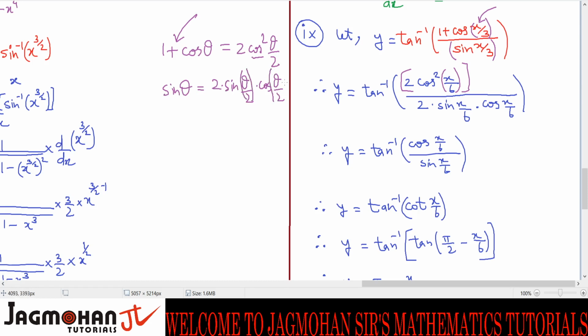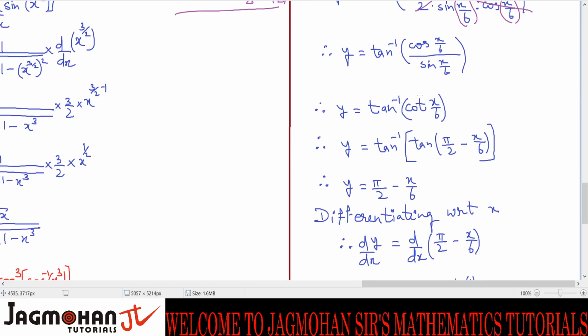So if I am applying this formula for sine x by 3, what will it become, students? It will become 2 sine half of x by 3 into cos half of x by 3. So 2 sine x by 6 into cos of x by 6. Now this 2 and 2 cancel. Cos x by 6 will also cancel, and I'm left with cos x by 6 upon sin x by 6, which is equal to cot of x by 6.